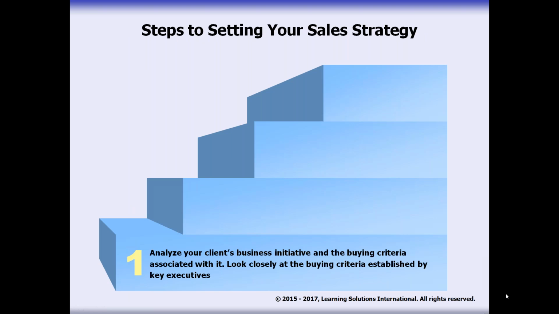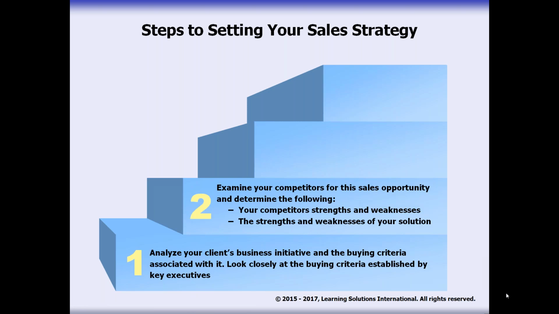So here are the steps you actually take to develop a sales strategy. Number one, you look at the client's business initiative and the buying criteria associated with it. You want to know which executive established that buying criteria. That's going to give you an idea of who that relevant executive is. Secondly, you want to look at your competitors and look at the strengths and weaknesses of their solution and their offerings, and the strengths and weaknesses of your solution.